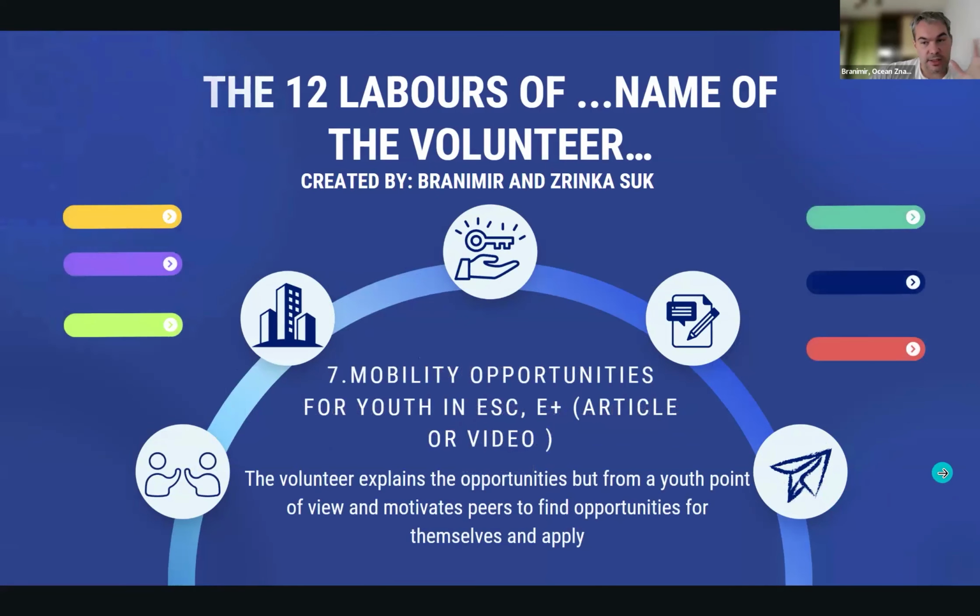The 7th month is a really important one, and this is the mobility opportunities for youth in ESC and Erasmus+, meaning that the volunteer explains the opportunities that they have, but from the youth point of view, meaning why it's important for young people to do it, why they should do volunteering, why they should join Erasmus+ projects, to motivate them to find reasons that are uniquely specific to the perspective that the young person has.